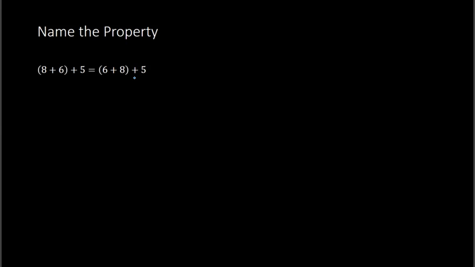This would be your commutative property, because we are moving the different numbers around. It's not associative because the associative property says that we can regroup different numbers together. The grouping is the same. It's still 6 and 8 grouped together. The difference is what's inside of it, and what's inside of it is actually what is moving.